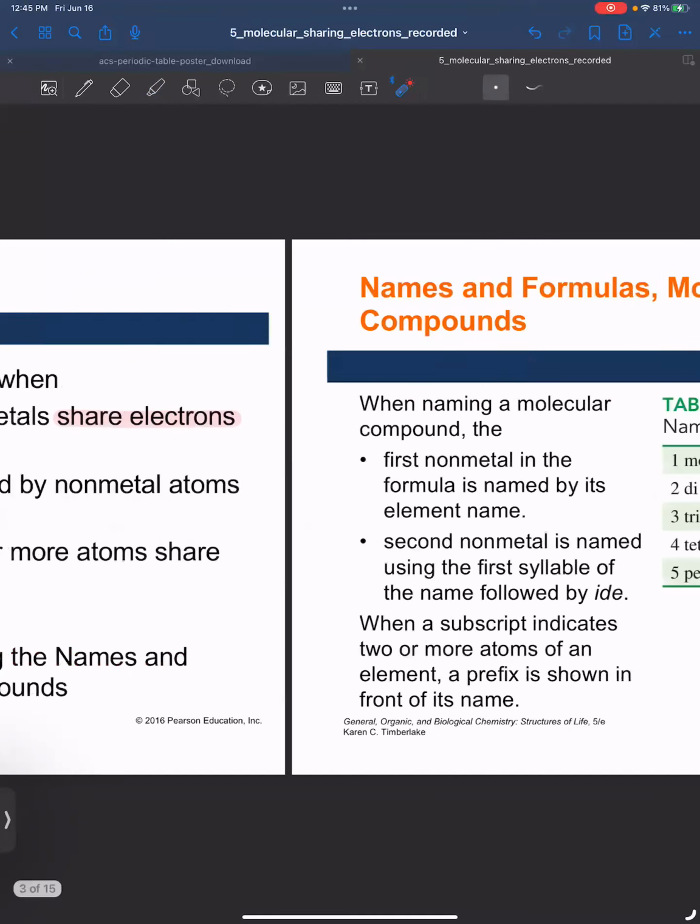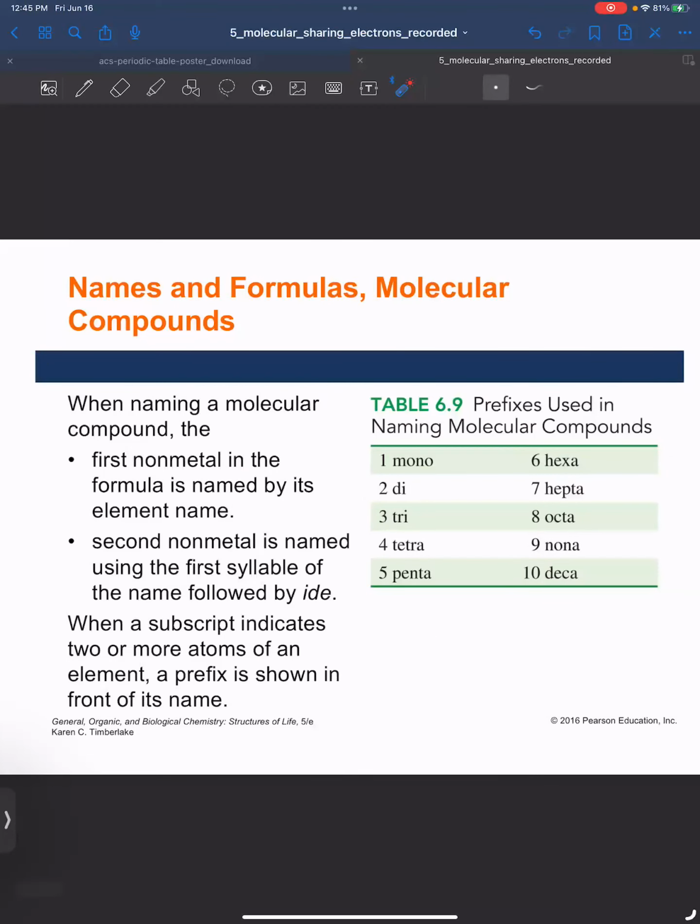So when naming a molecular compound, for the first nonmetal, you use its full elemental name. The second nonmetal is named using the first syllable of the name followed by IDE.